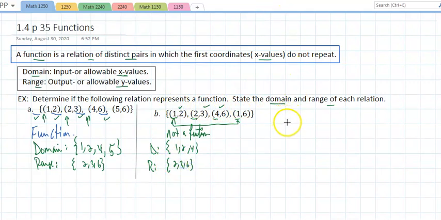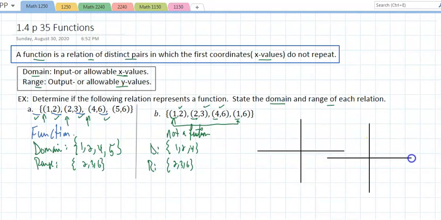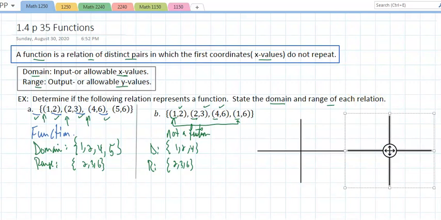Now, I want to show something really quick. If I was to plot the points on the first problem, and if I was to plot the points on the second problem, they're not asking for that, but if I was to look at example A and plot the points, I would notice 1, 2, that's a point, 2, 3, 4, 6, and 5, 6.